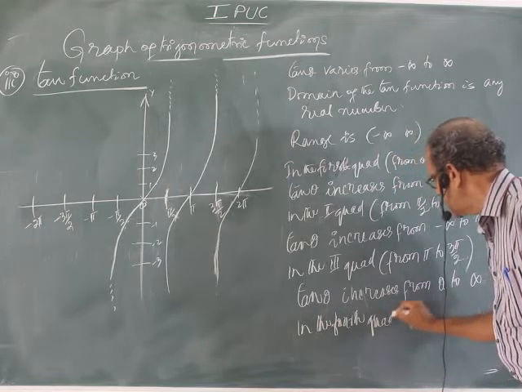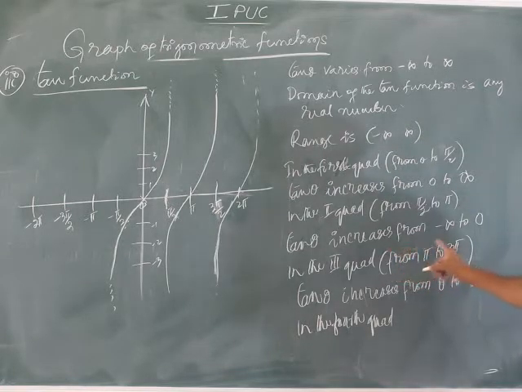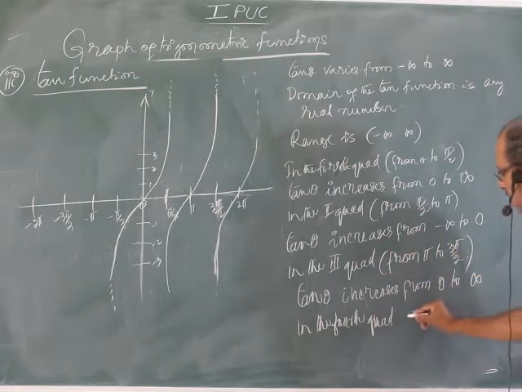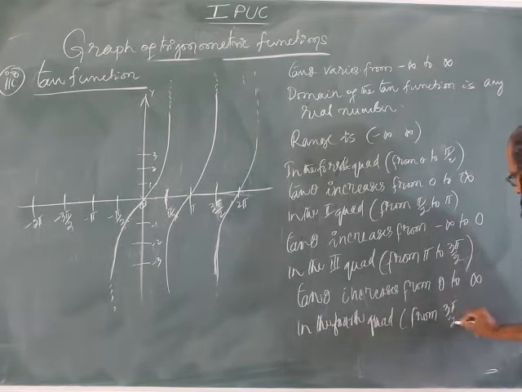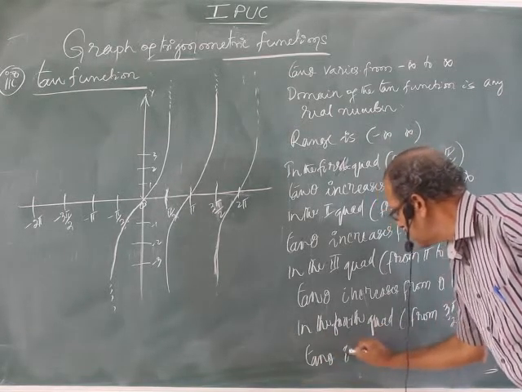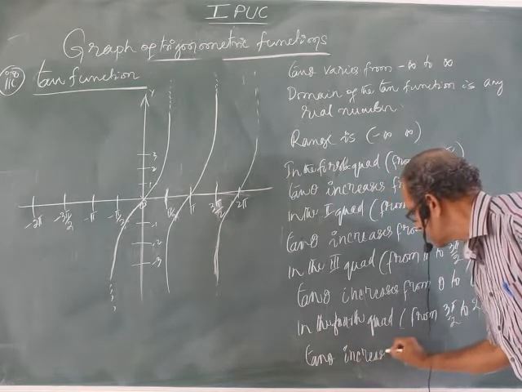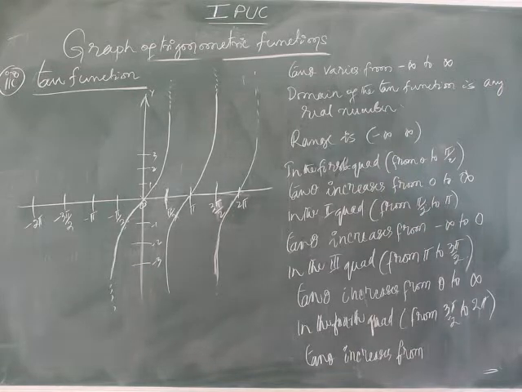fourth quadrant, from 3 pi by 2 to 2 pi, tan theta increases from minus infinity to 0.